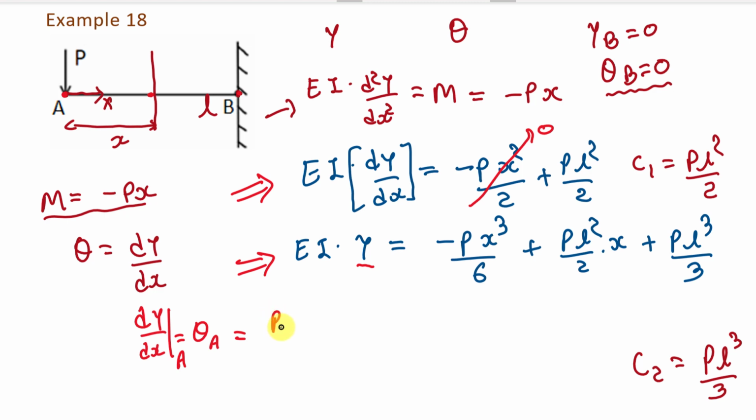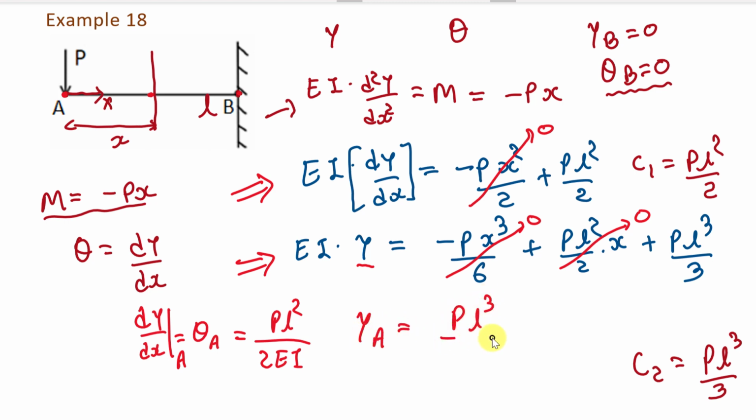So it will be PL square by 2EI. Fine. And what will be the value of deflection y at point A, where x is equal to 0? For that, we will put x is equal to 0 in this expression. So this term will be 0 and this term will be 0. And here this EI will be multiplied with 3. So yA, meaning deflection at point A, will be equal to PL cube by 3EI.